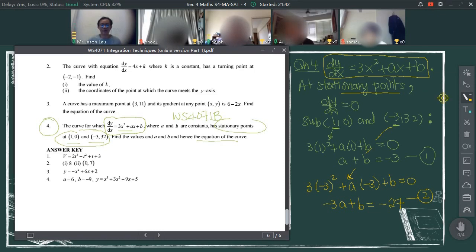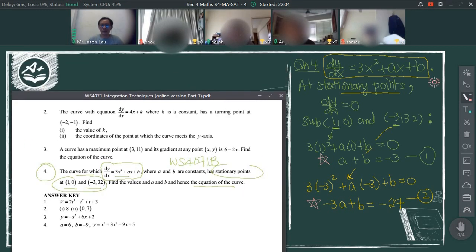Here we haven't done any integration, because as far as possible we try to solve the problem within our own ability. We contain the problem as much as possible, we solve it, then after that we continue if we need to. So from equations 1 and 2 you can find a and b. Use whatever simultaneous equation method you have.